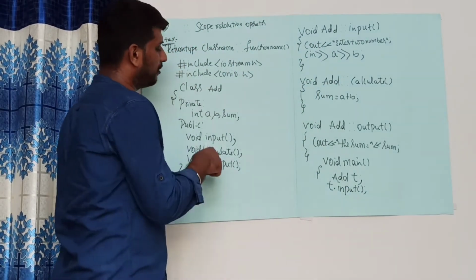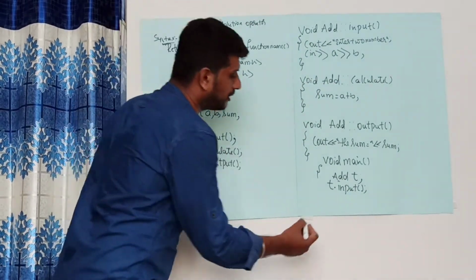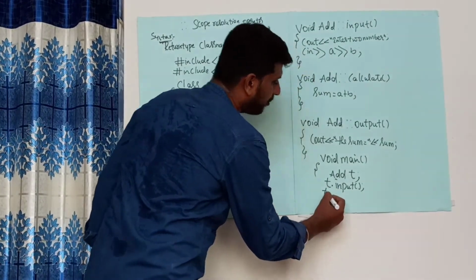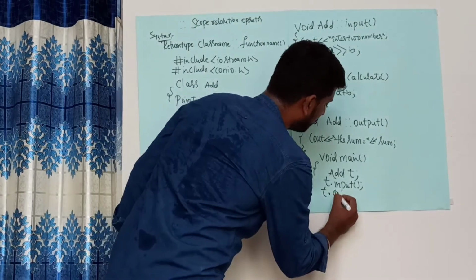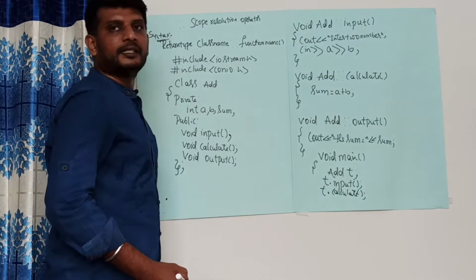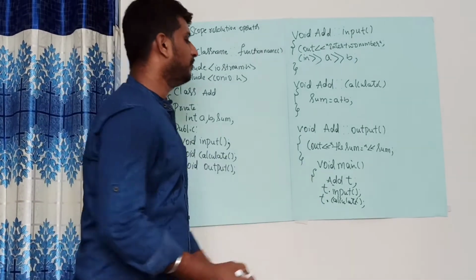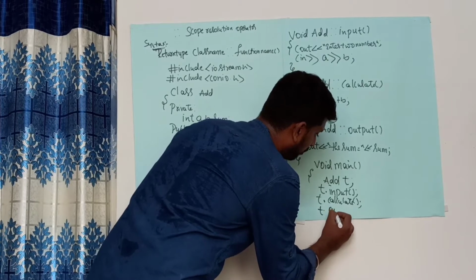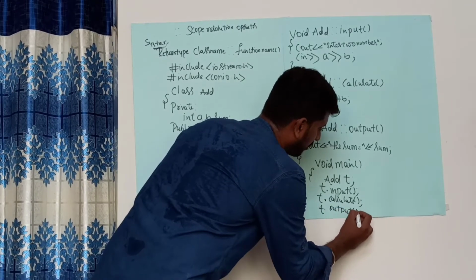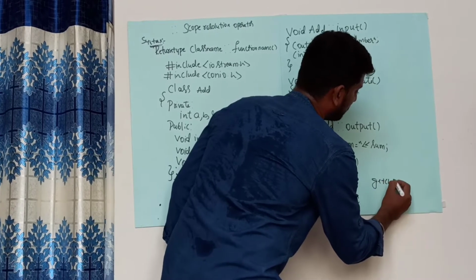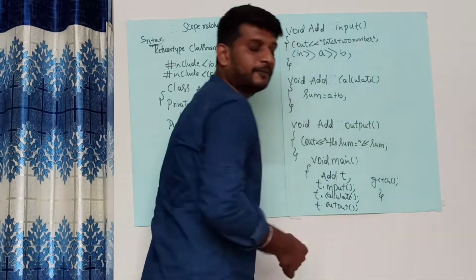Next, I want to call the calculate function. Again, T is the object name followed by the dot operator followed by calculate. Next, again, I want to call the output function, T dot output. Okay, after that, getch and then close.